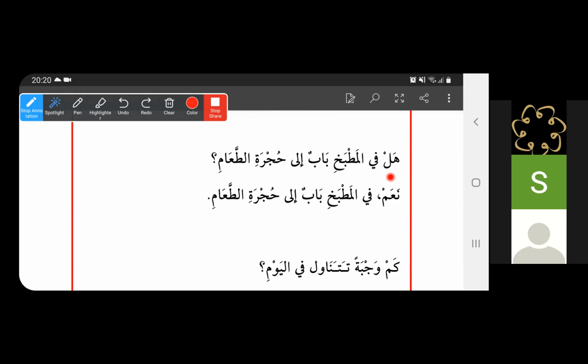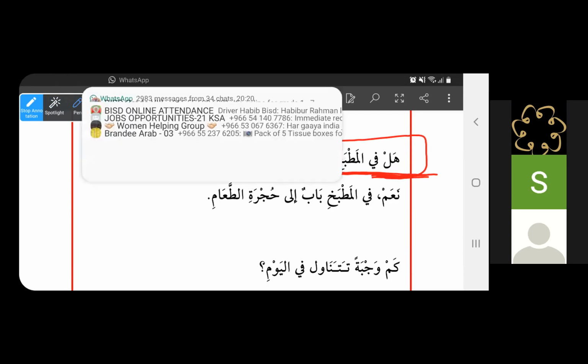Dining room, yeah. حجرة الطعام is the dining room, مطبخ is the kitchen, باب is the door. What is the meaning of هل? هل is asking. Very good. So now say the meaning again, ya Sidra. What you understood? Is the door of the kitchen near the dining room?